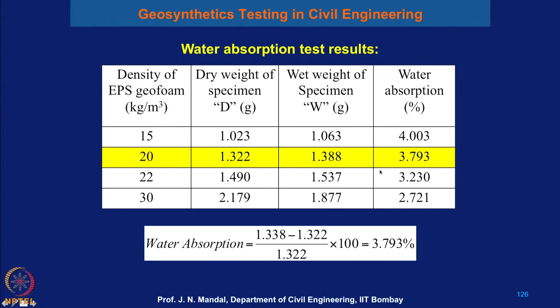So, you can say the water absorption capacity varies from about 3 to 5 or 6%. This is also very important, because if you perform the test, the same sample will show more compressible inclusion, and there is also a buoyancy effect. So, density is very important, and one should know the water absorption capacity of the geofoam material.